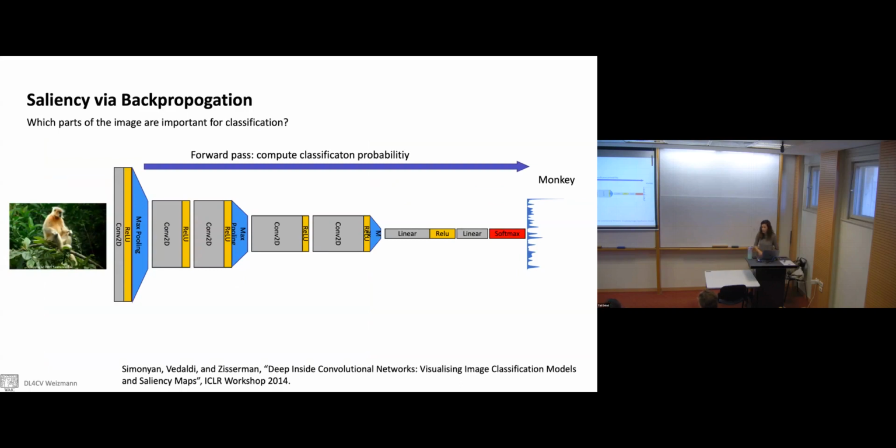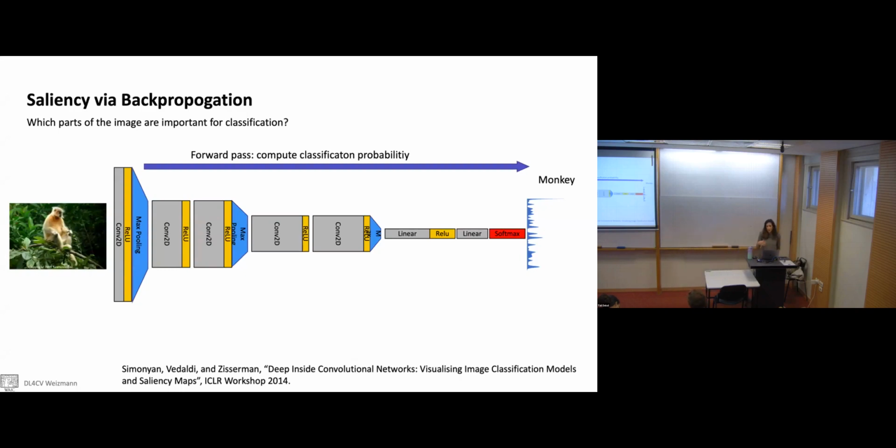So just to say that so far, we only utilized the fact that we can forward pass images in our neural network. But by now, you know that we can also backprop through this neural network and compute gradients through it. And this is a property that we can leverage, again, to ask this question of which image pixels matter for classification.